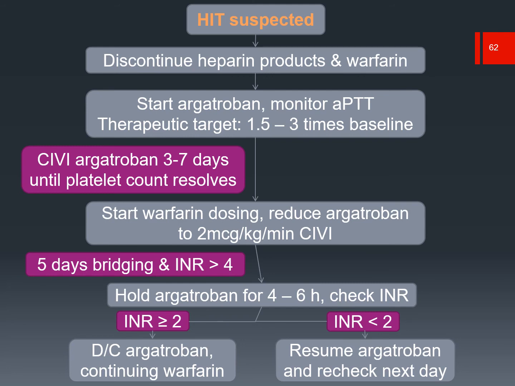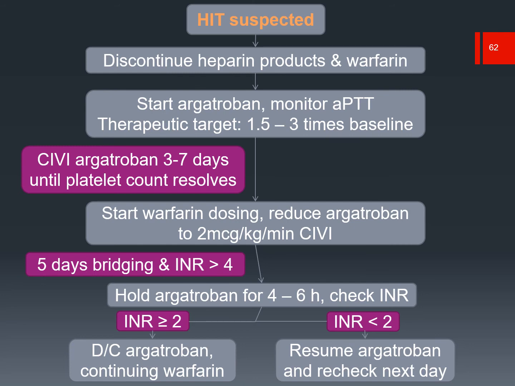Argatroban is our continuous IV infusion. It is initiated at 2 micrograms per kilogram per minute, and adjusted to obtain an APTT of 1.5 to 3 times their baseline APTT. Once we've initiated that argatroban, we wait until their platelet count is resolved.